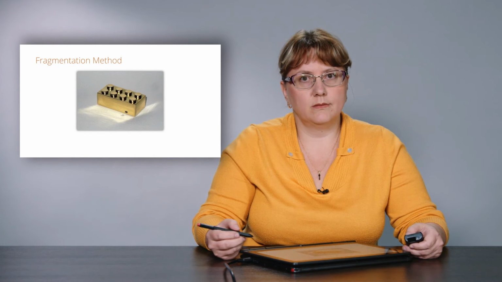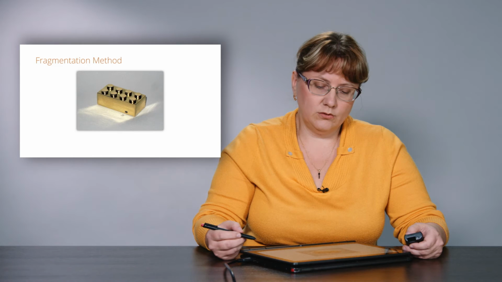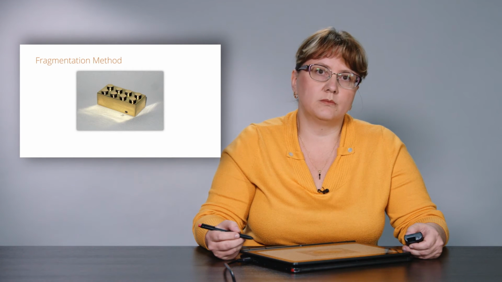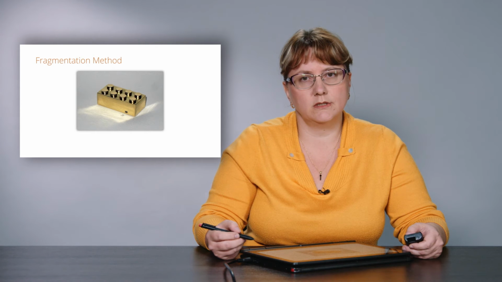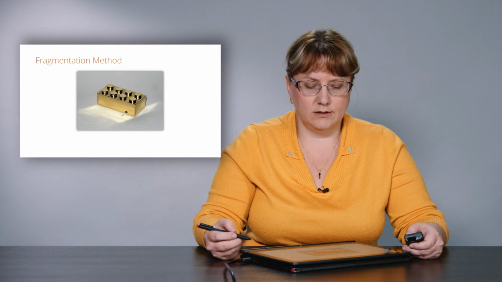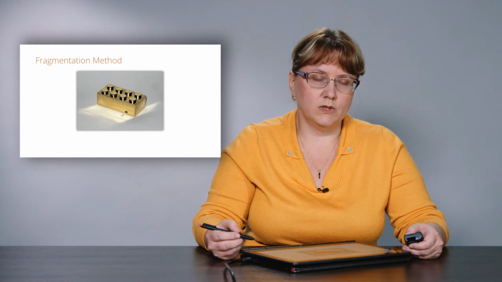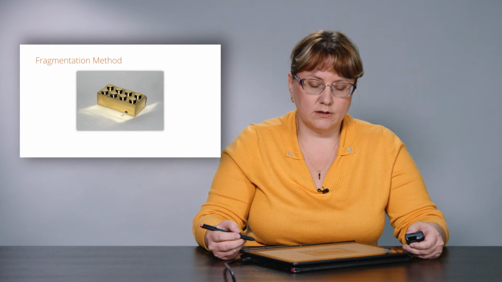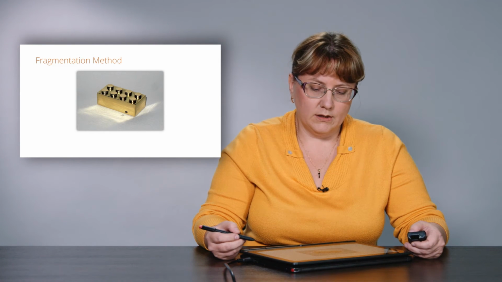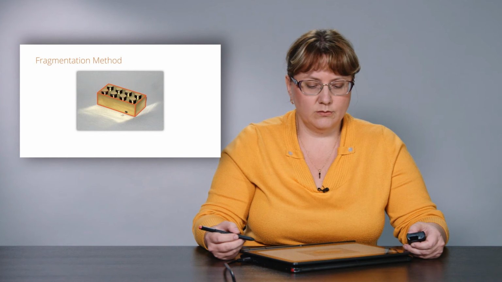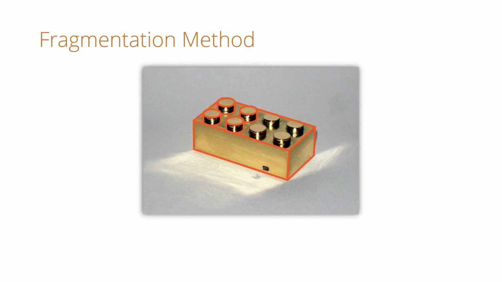Quite frequently, if a figure can be fragmented into simple volumes, surfaces, or lines, we use the fragmentation method. This method is as follows. Considering this object, we can identify some parallelepiped and 8 cylinders.